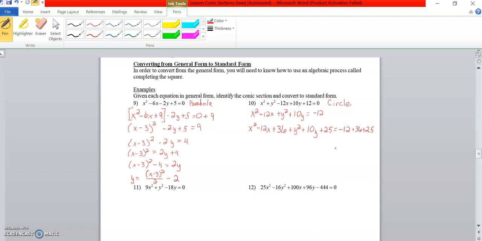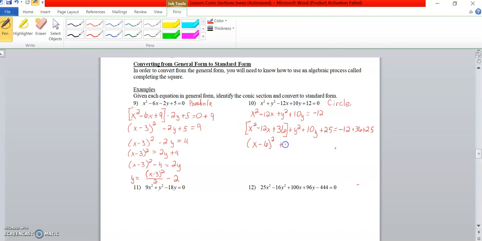So we have our perfect trinomials. We can factor our first one, the x one, to say x, plus sign means they're the same sign, they're both minus half of that, so x minus 6 squared. You can check this, but x minus 6 quantity squared is the same as just this section right here.